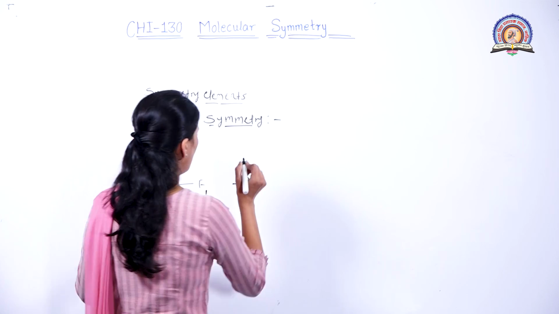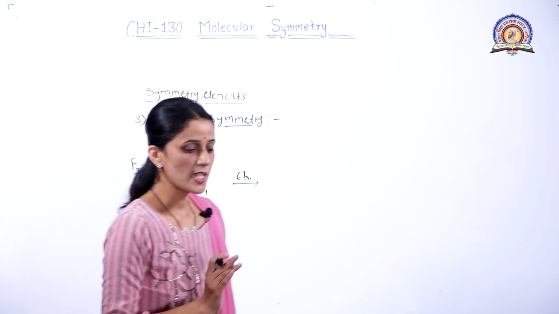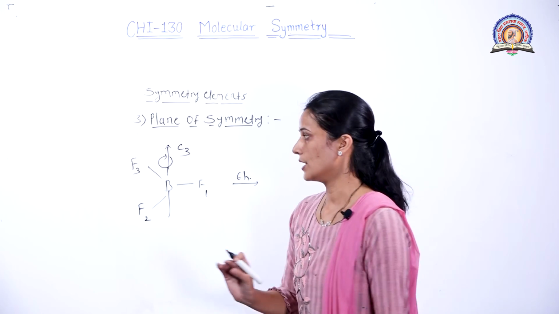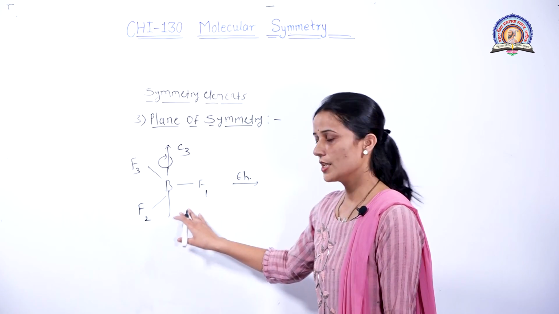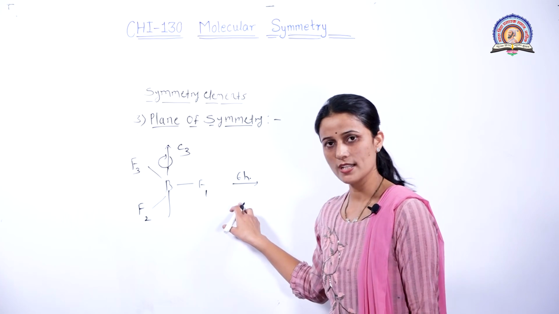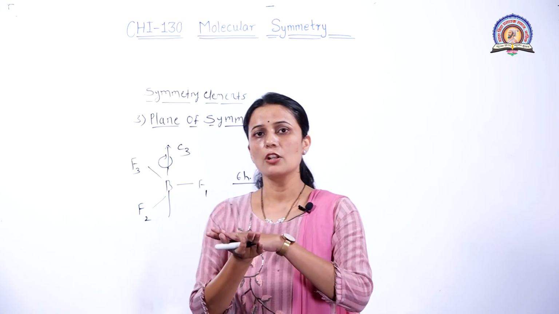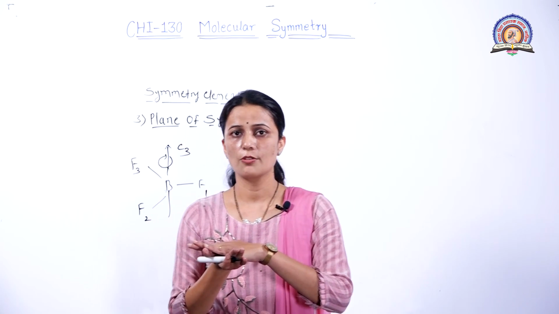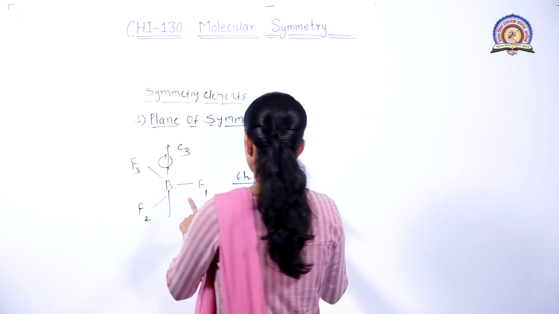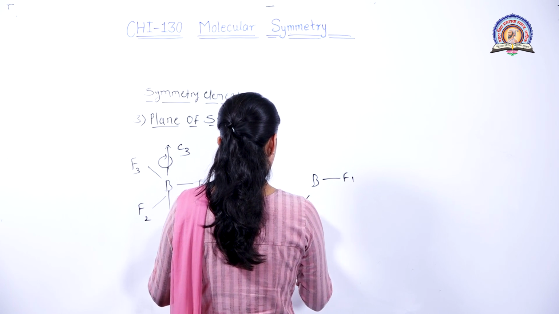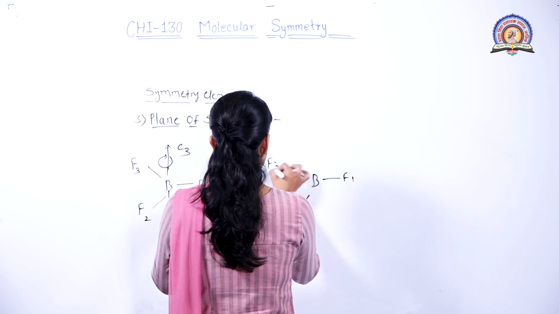And remember one thing, sigma h is possible in those molecules which are planar. So BF3 is a planar molecule, that's why sigma h, that is the horizontal plane, is possible in this molecule. After passing the perpendicular plane through this BF3 molecule, we get the same structure, that is F1, F2 and F3.